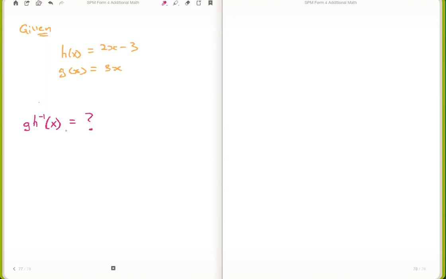So, the first step would be to find out what h inverse of x is. Again, I would let y equal h inverse. It's 1 over h, so I bring down the h, so therefore h of y equals x.